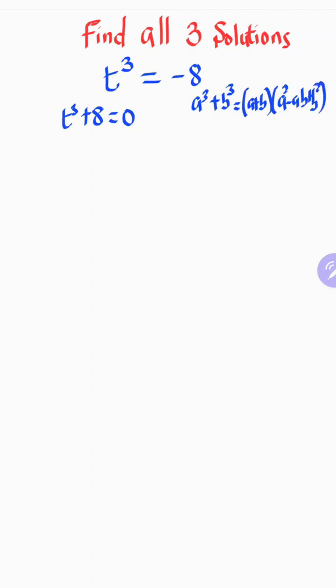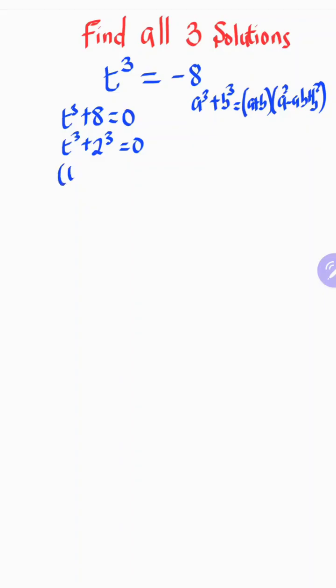Using this approach to solve this, rewriting it, which is the same thing, t to the power of 3 plus 2 to the power of 3 equals 0.